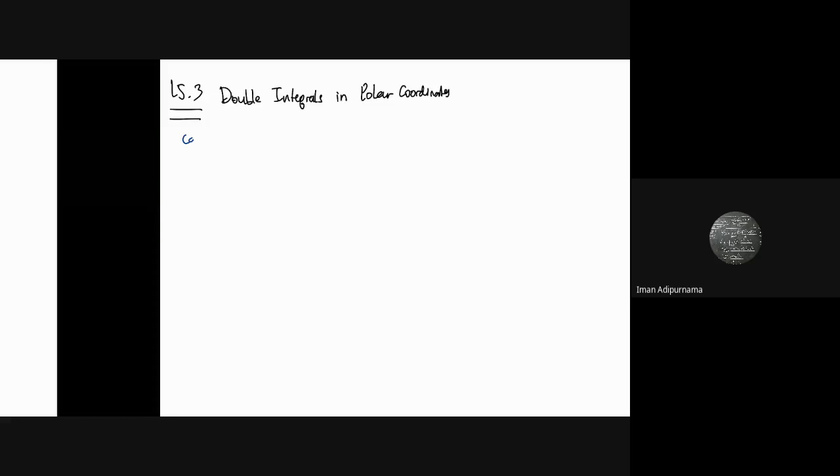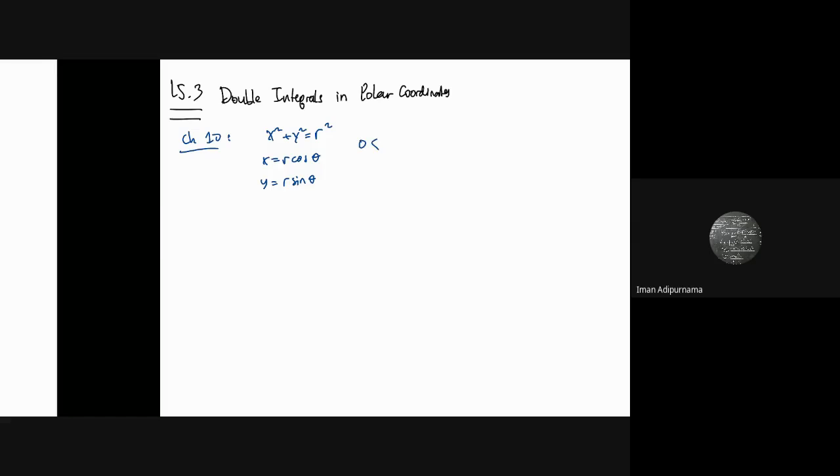As a little bit of review from the previous chapter 10, right? You have at least this formula to convert rectangular coordinates to polar, or from polar to rectangular.